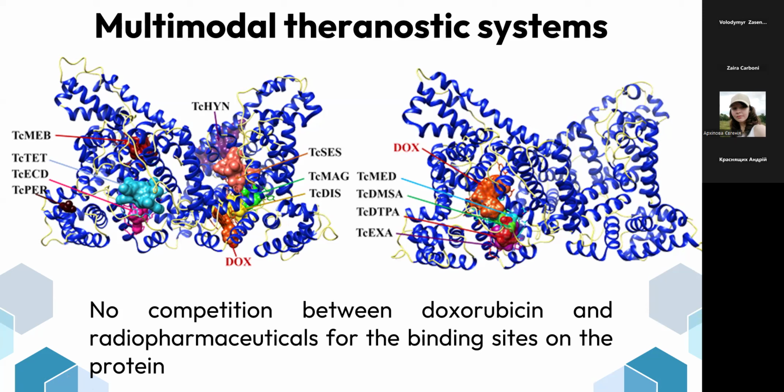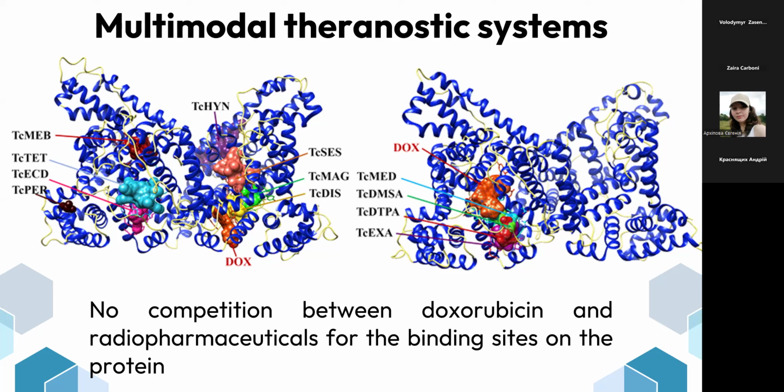This is very important because it may give the hope that the stability of the system will not be compromised by competitive binding and by specific interactions between doxorubicin and radionuclides inside the protein molecule.